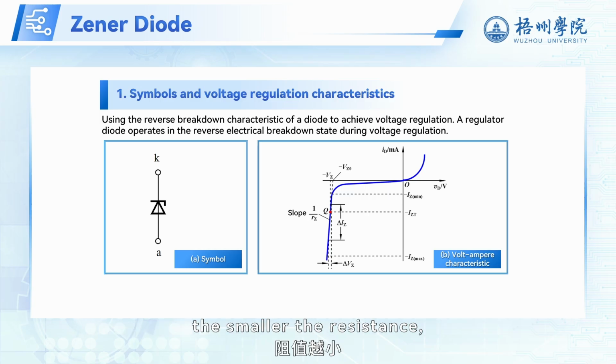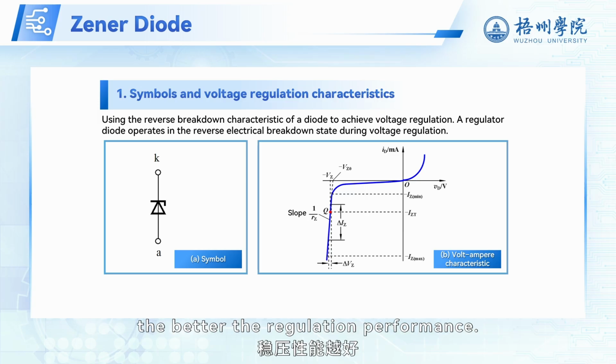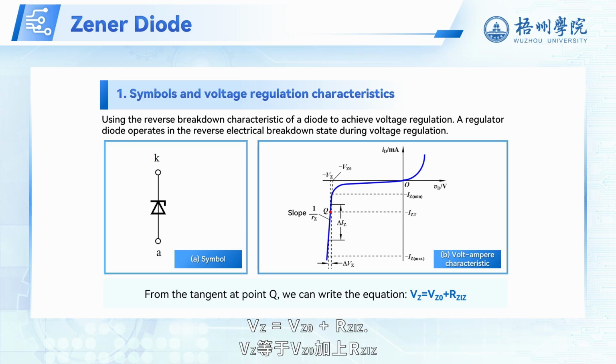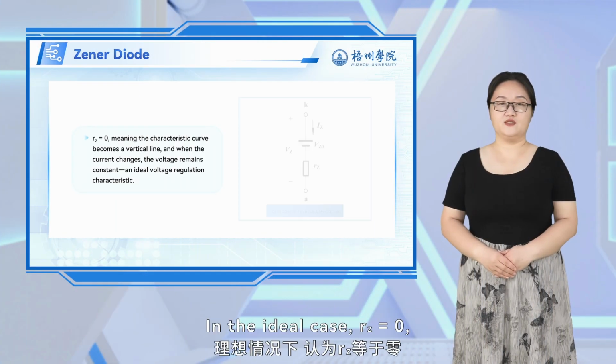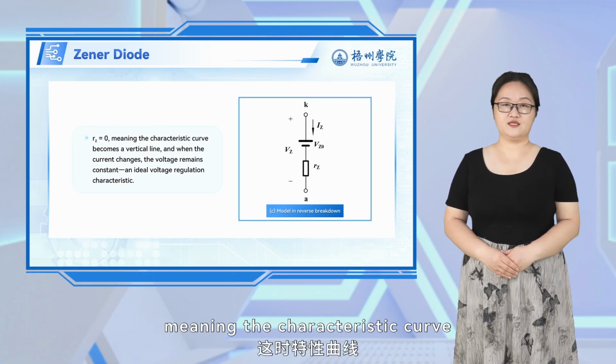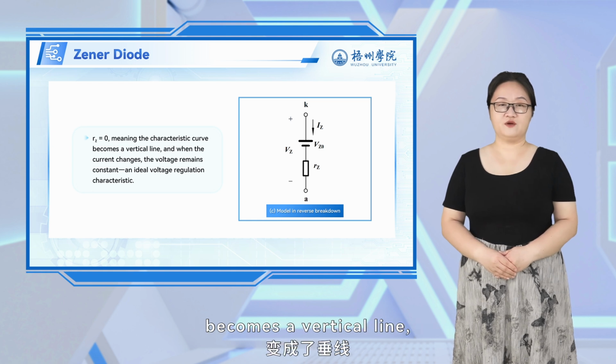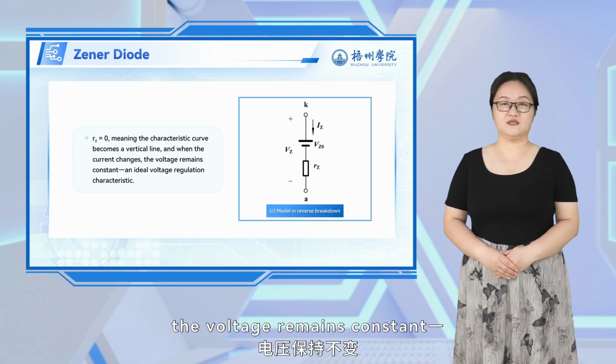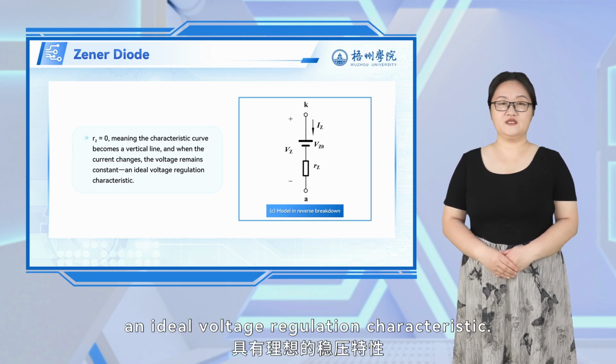The smaller the resistance, the better the regulation performance. From the tangent at point Q, we can write the equation Vz = Vz0 + Rz·iz. In the ideal case, Rz equals 0, meaning the characteristic curve becomes a vertical line, and when the current changes, the voltage remains constant. An ideal voltage regulation characteristic.